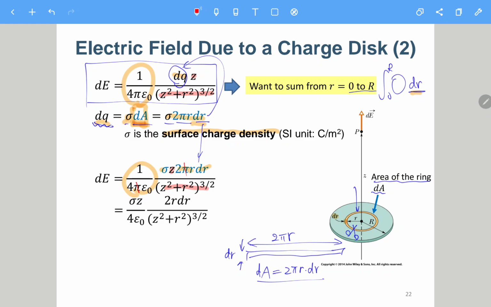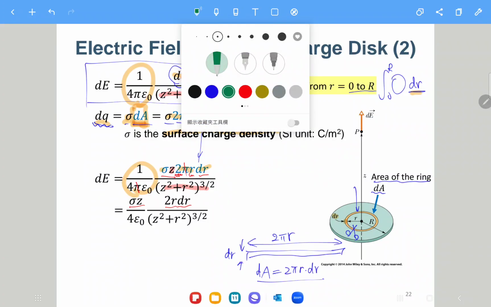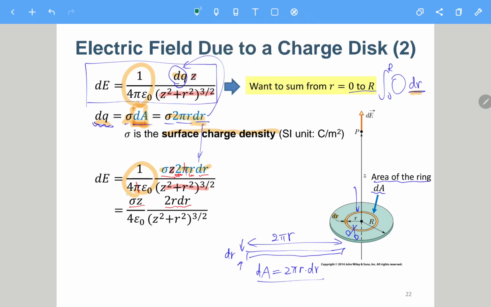So we have sigma z here, and then we have 2 r dr, and in the denominator we have 4 epsilon naught, and then we have this big term. Okay, so we have done some simplification.